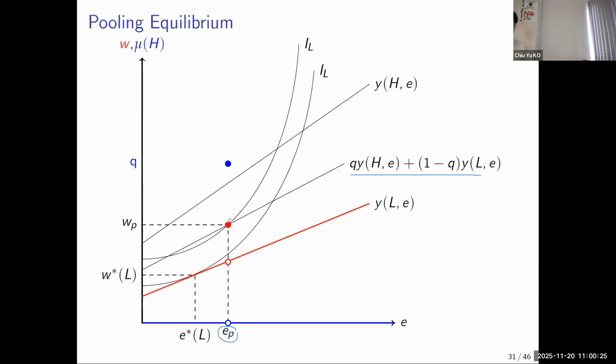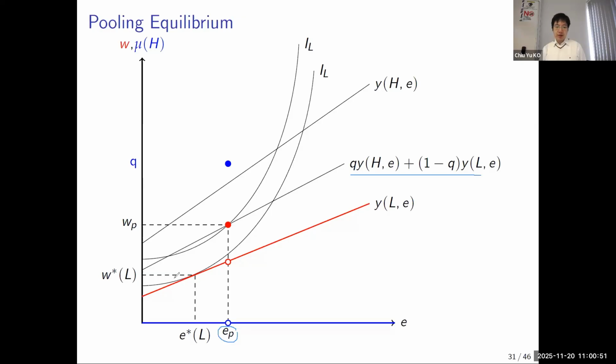Now, what about the high type? Can the high type do anything different? The answer again is no. Why? Because facing this belief, what he can do is either take this salary or here, right?